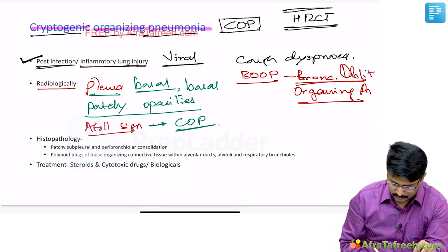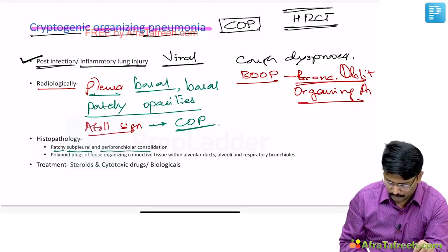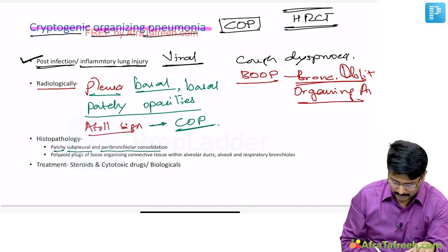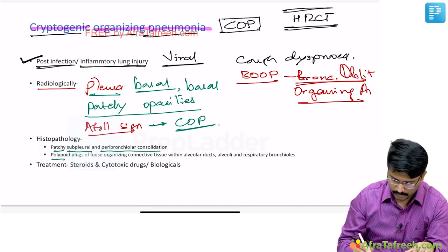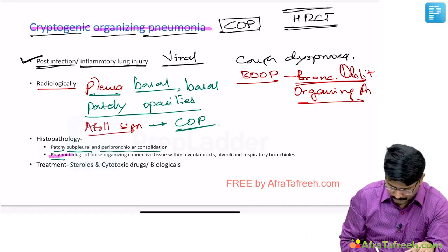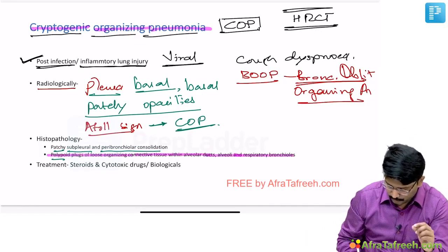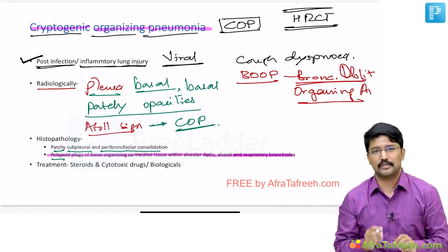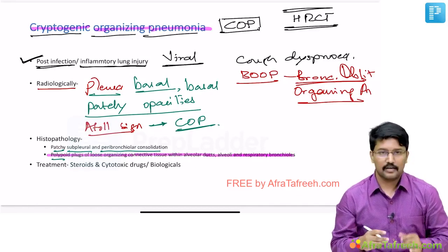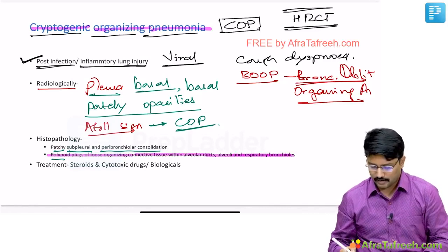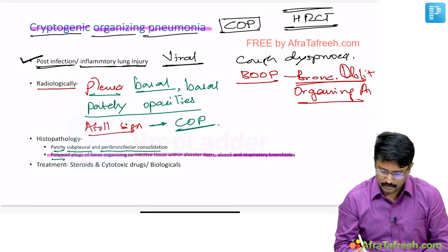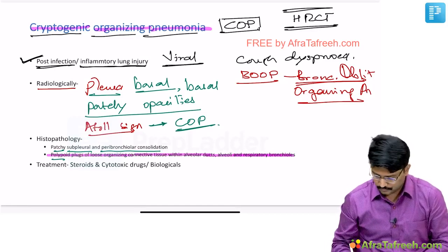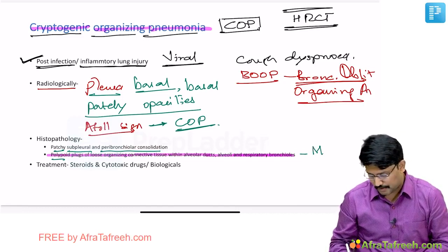Histopathologically, as I told, there is patchy subpleural and peribronchiolar consolidation, and a very important MCQ point, we see polypoid plugs of loose organizing connective tissue within the air sacs, alveoli and respiratory bronchioles, and we call these Masson bodies.